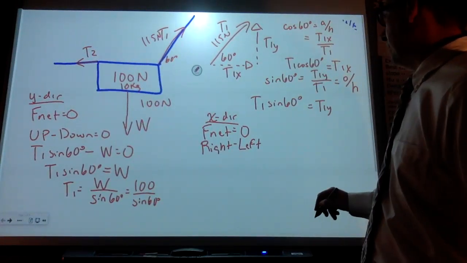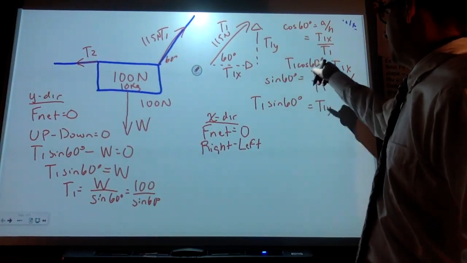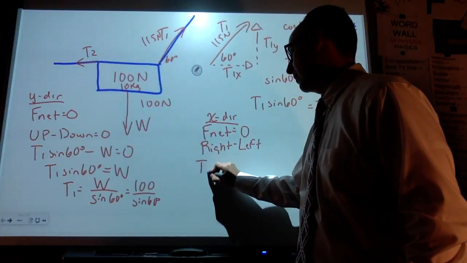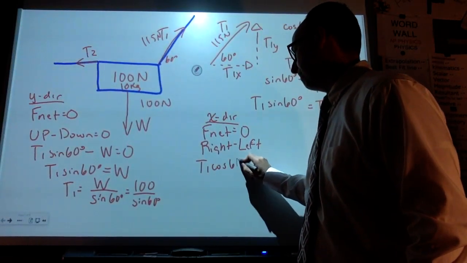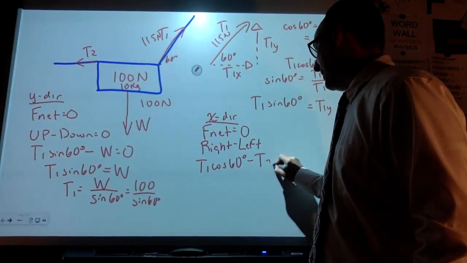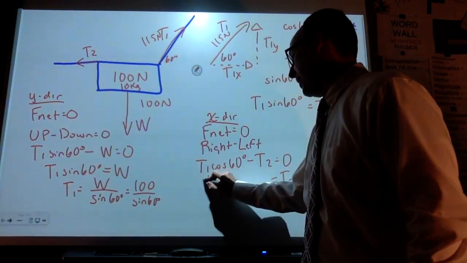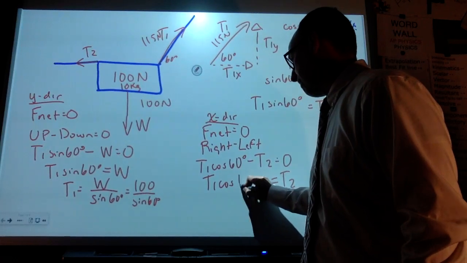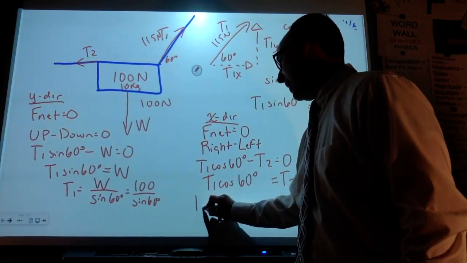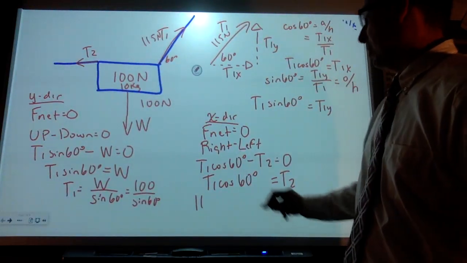So I'm going to have T1x, which I'm going to write as T1 cosine 60, minus T2 is equal to 0. So T2 is going to be equal to T1 cosine 60. And I already said that this was 115.